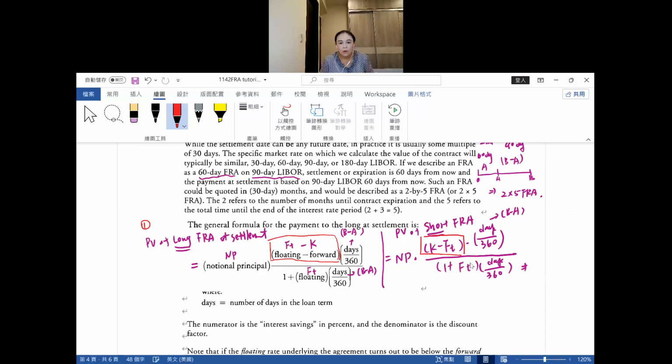You are using K minus FT. So these two formulas also, again, mean that long and short is a zero-sum game. The rest of the formula is the same.